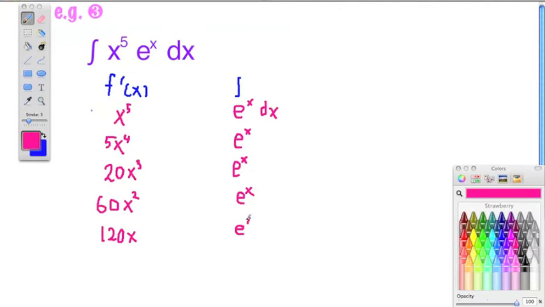The same. Here we differentiate, we get 120. Now it is the same, e to the power of x. And we get 0. So this is the last one.